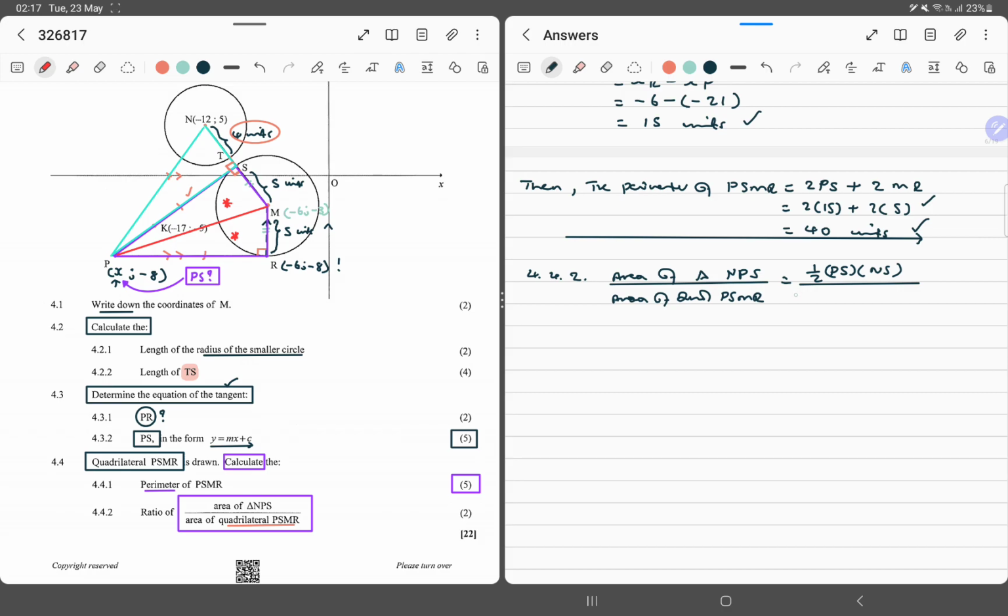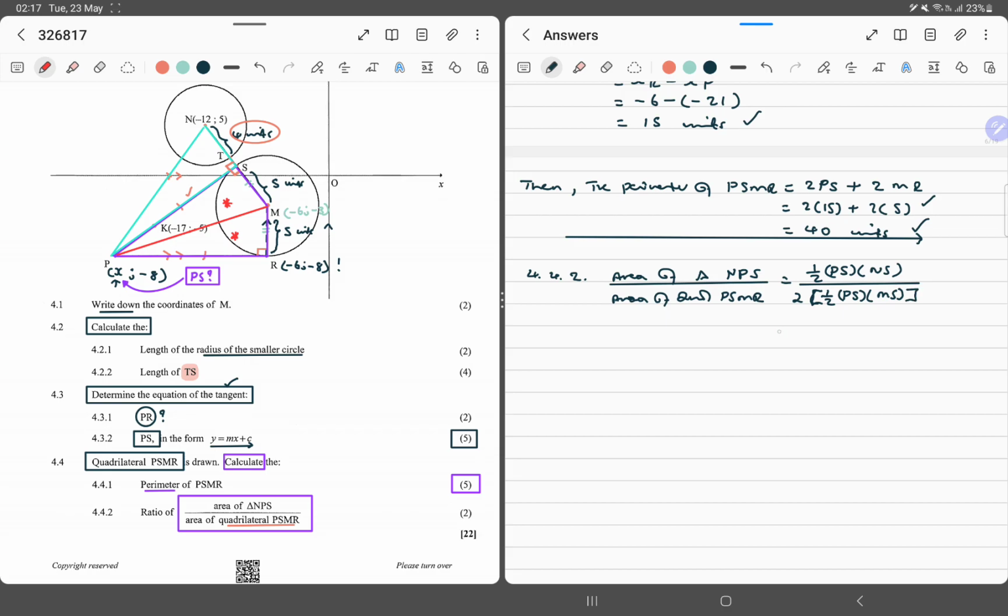Divide by, this one is going to be 2 times the area of that triangle. If we like, we can choose what to do here. We can take any one of those two. It's going to be PS if we choose PS so that everything is in order. Times the height, which is MS.